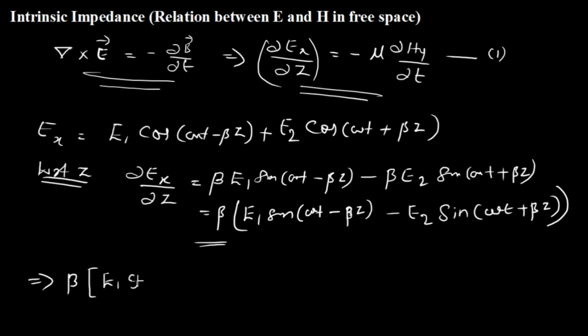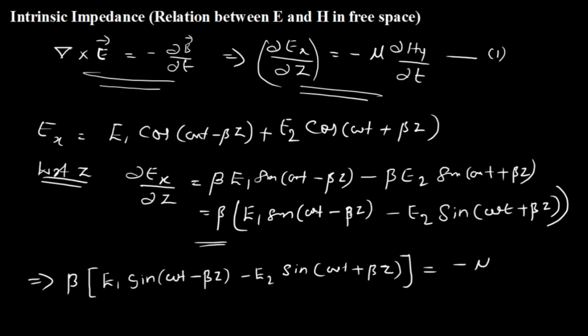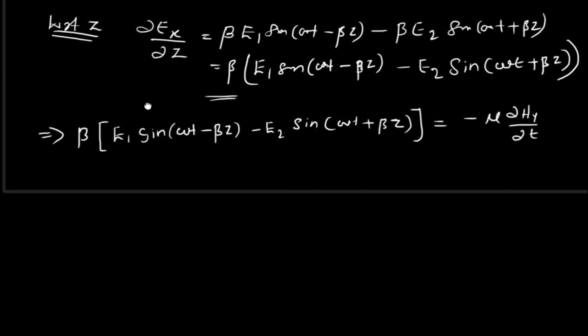E1 sin(omega t minus beta z) minus E2 sin(omega t plus beta z) on the left hand side, and on the right hand side I have minus mu del Hy by del t. So I just rearrange this, bringing the constant terms to the same side.